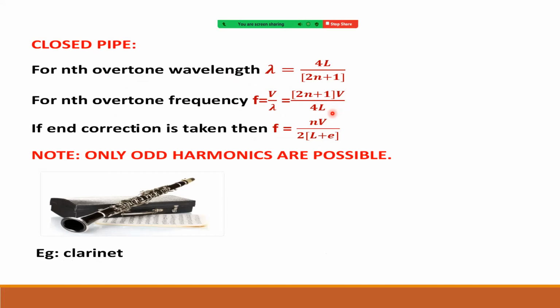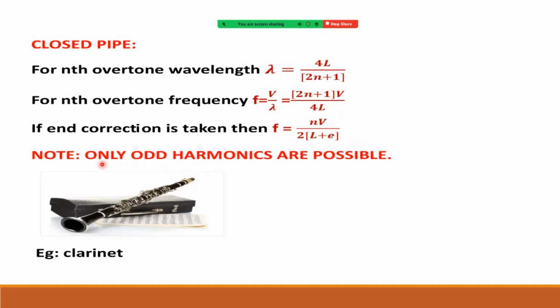If you are taking end correction, I think here we have written it wrong. This is not n, this is 2n plus 1. Actually, I have written the formula wrong here. This is actually (2n plus 1) into V by 4 into (L plus C). So you have to correct this here.